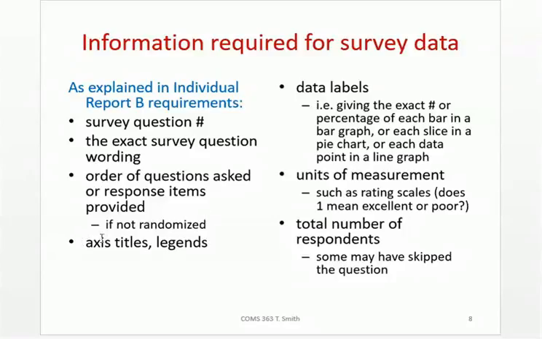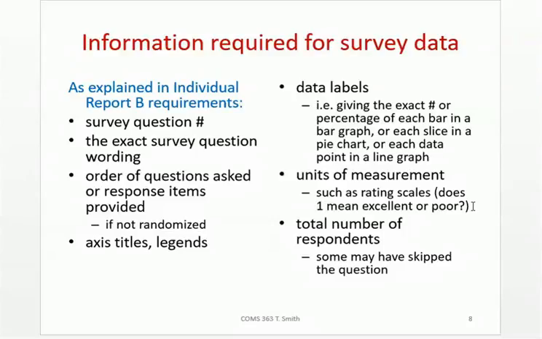Axis titles and legends are always required, even when you might think that they're obvious. They're necessary. Data labels could be at the end of bars on a bar graph where you have a number, or along an axis where you give measures in a scale, like 10, 20, 30, 40, 50. You need units of measurement, whether it's number of comments, number of respondents, percentage of respondents, or percentage of people who answered poor, number 1. You also need the verbal rating scales, the meaning.